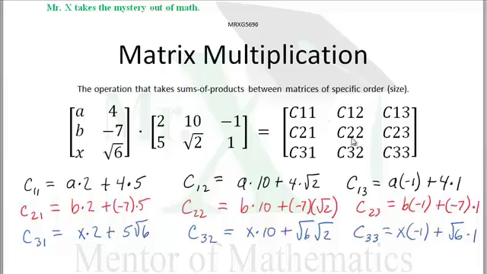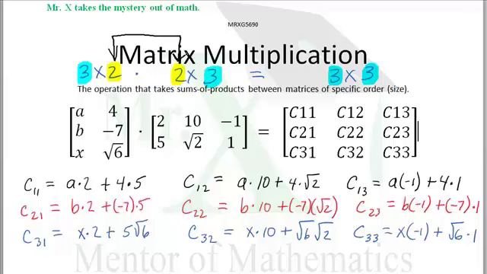As it turns out, the 3 by 2 times the 2 by 3 will give us a 3 by 3. And what has to happen is this number has to match this number for multiplication to be possible. If it does, then your resulting matrix will be these outside numbers. That's how we multiply matrices.